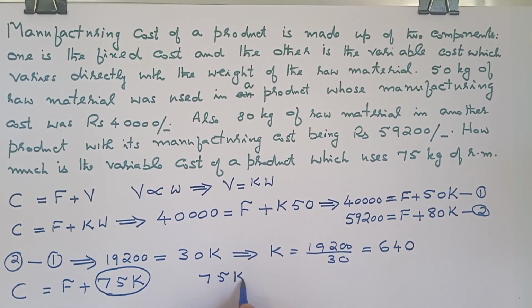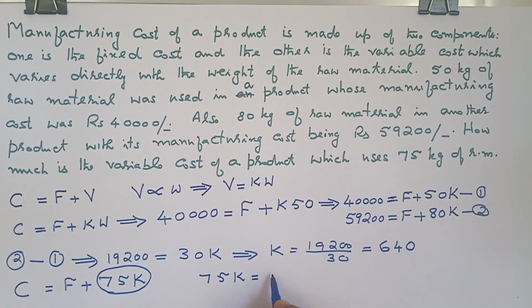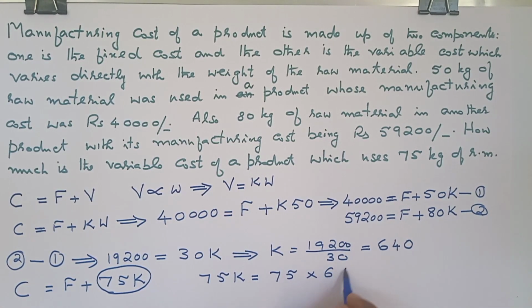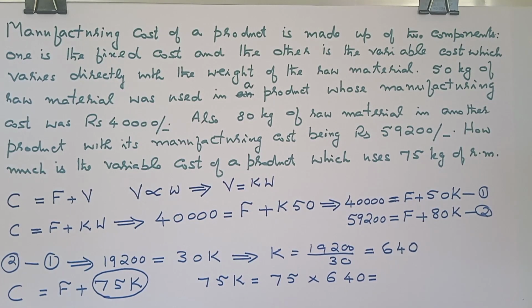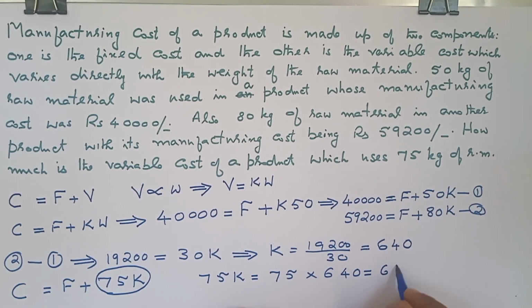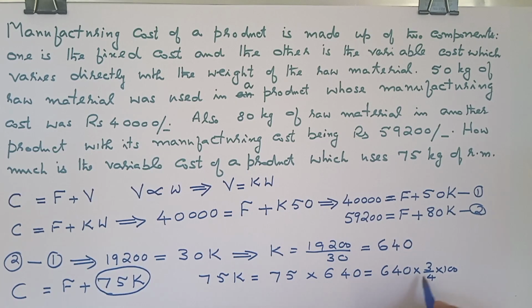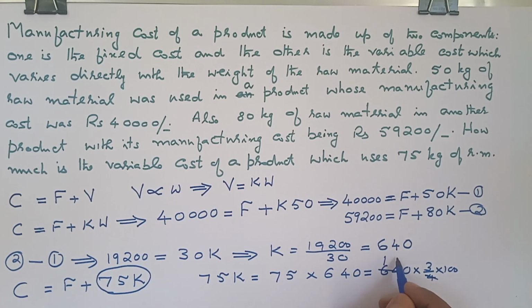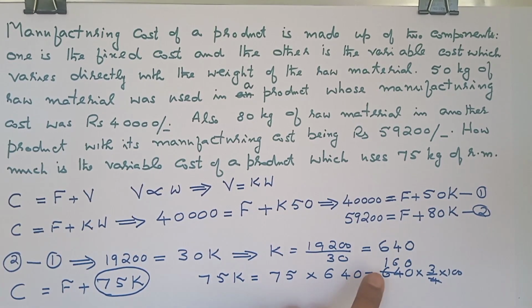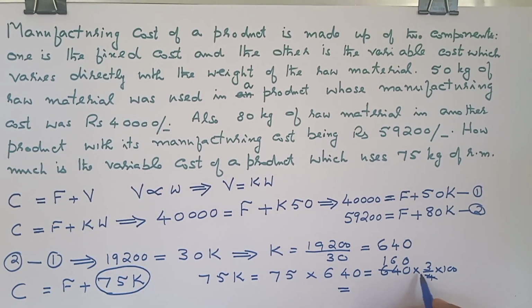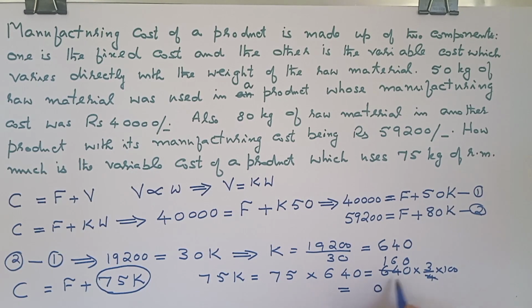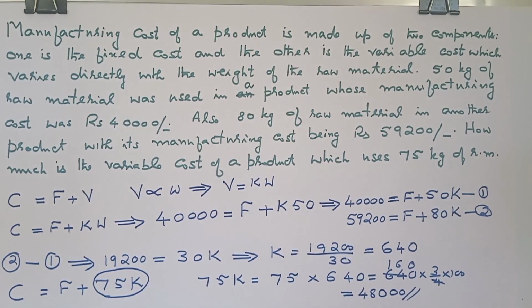So straight away you substitute the value of K, which has been found to be 640. And that will answer the question. And how much is this? Yeah, to multiply this, what we can do is, you do like this. 75 times 640 is equal to 48,000.